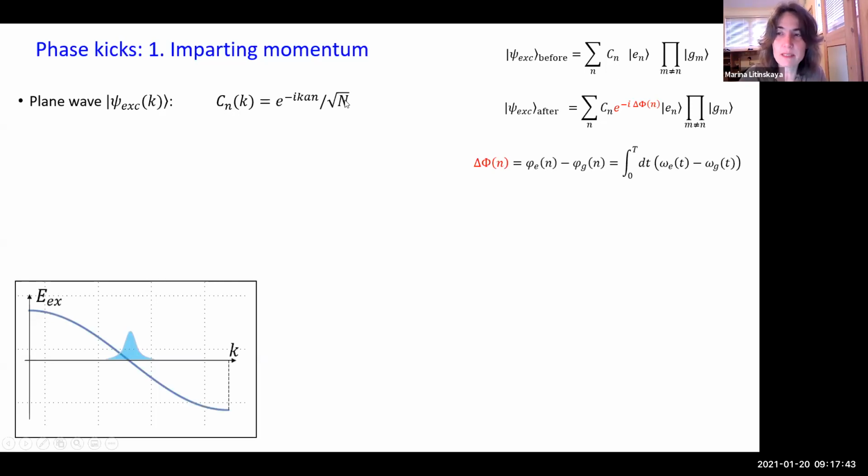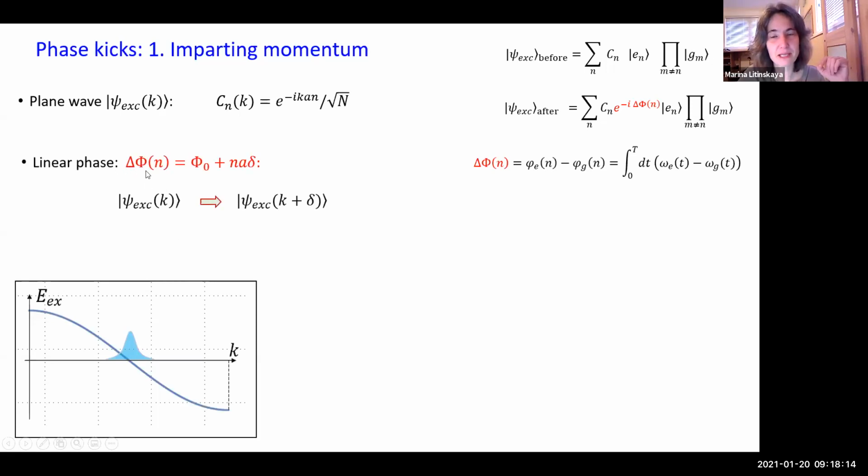So basically it's 1 over square root of N, and then e to the power of i k a n. So basically, they have the same amplitude and they have phases that linearly depend on the coordinate. n is the site number, right?